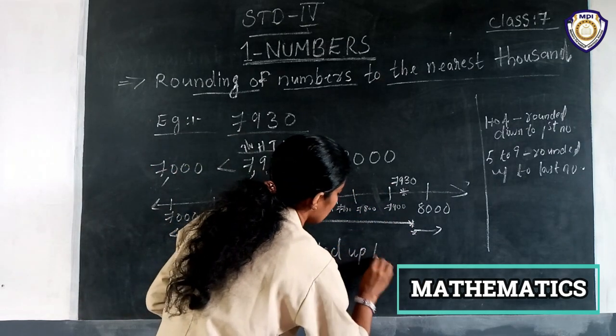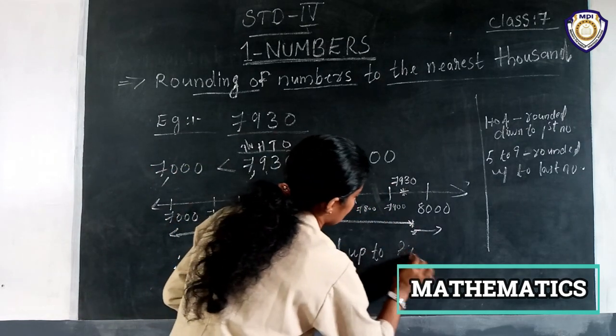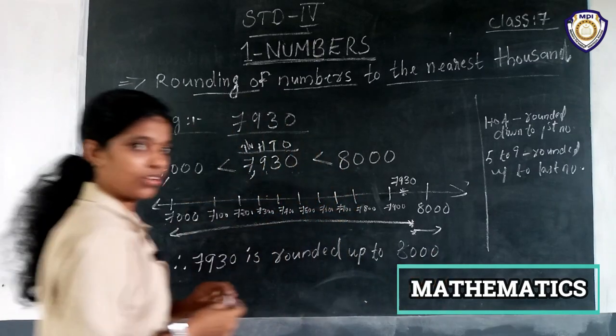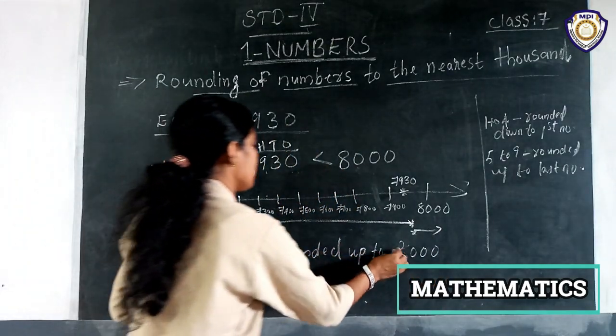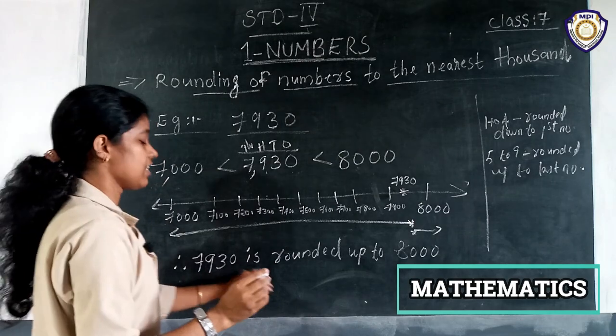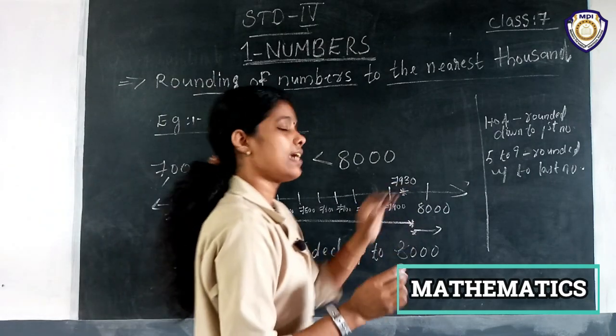Rounded up to 8000. 7930 is rounded up to 8000.